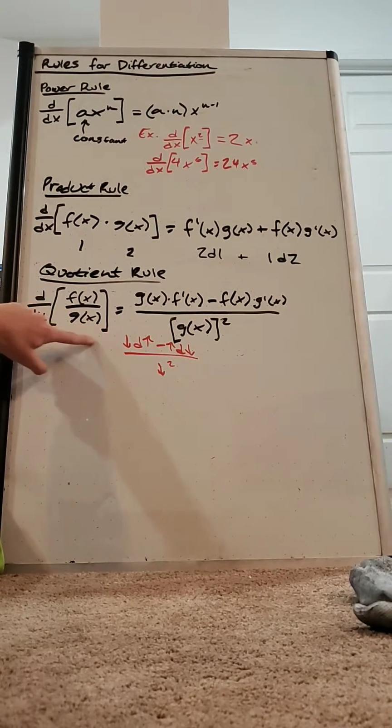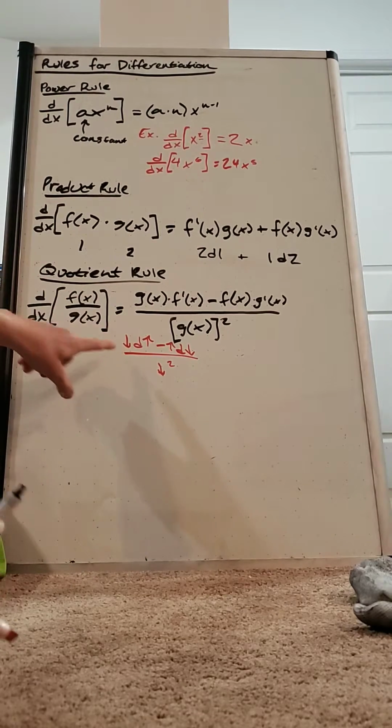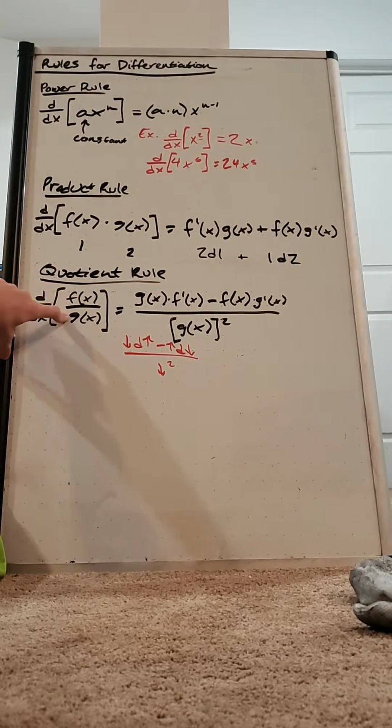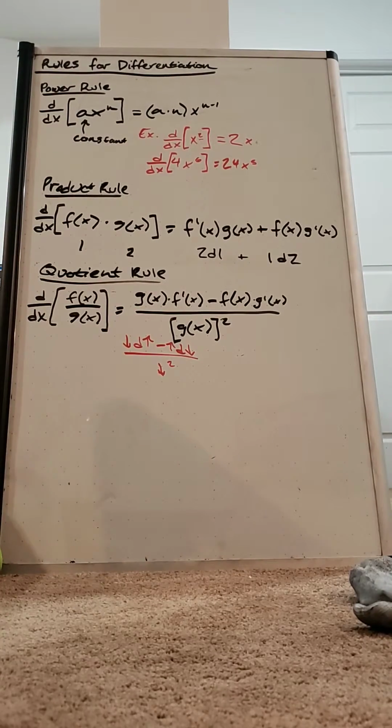So you take the bottom function, multiply it by the derivative of the top function, and subtract the top function multiplied by the derivative of the bottom function, and put the whole thing over the denominator and square it.